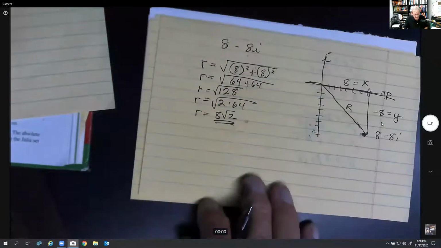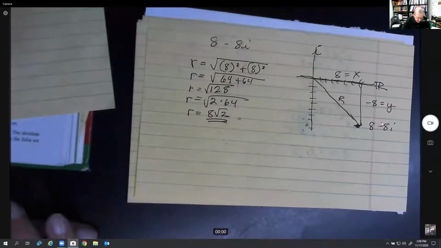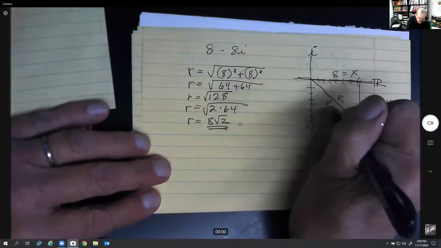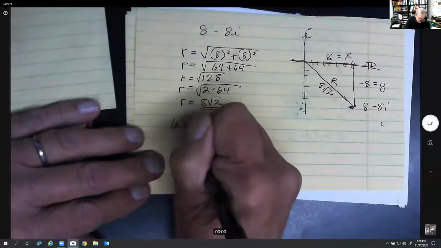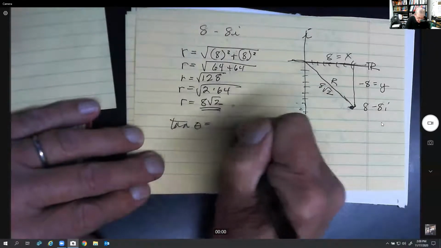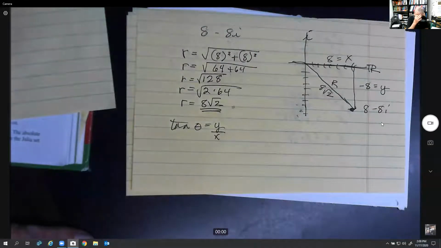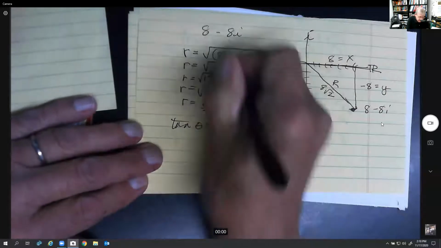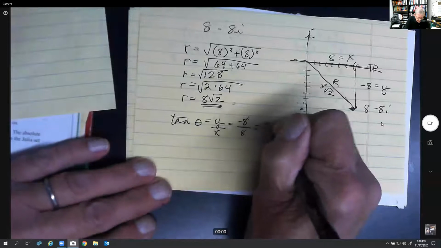Okay. A little rusty on this kind of stuff myself. Okay, so we got the radius figured out. That's 8 radical 2. Now we want to find out the angle. Tangent theta equals y over x. y is negative 8 and x is 8, so that is a negative 1.